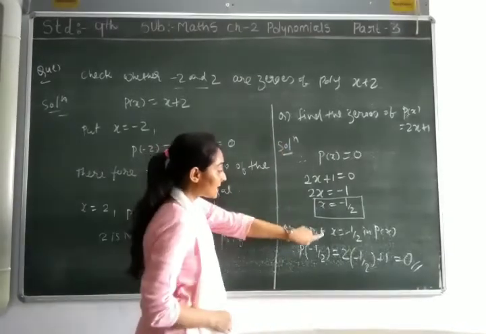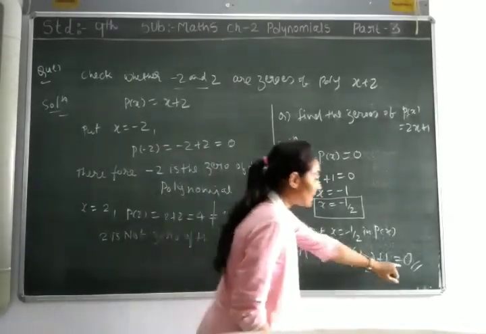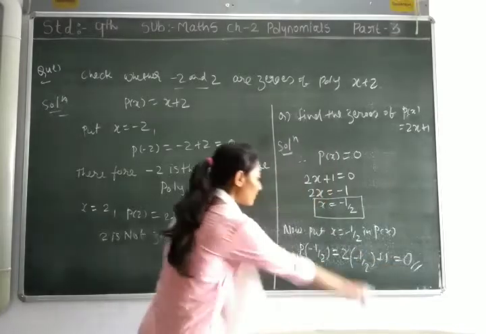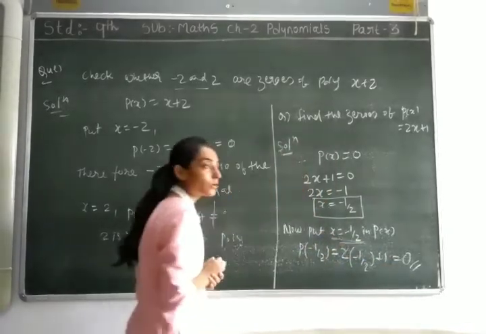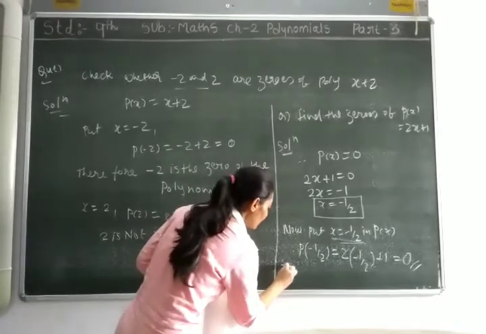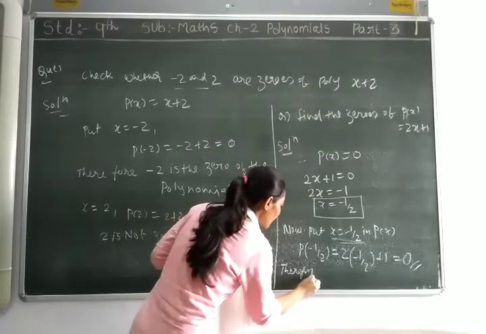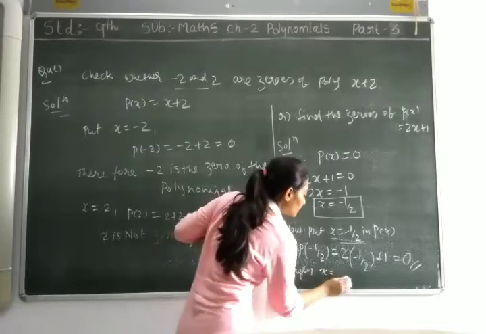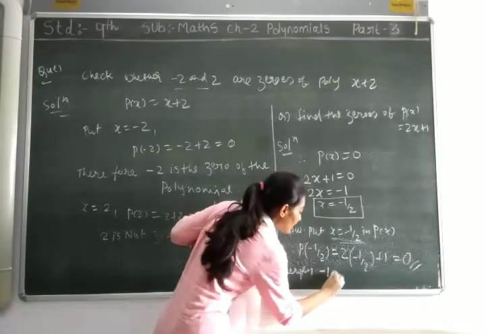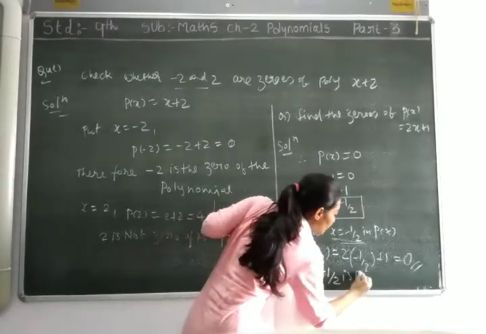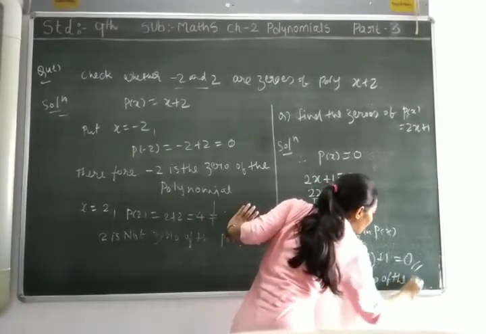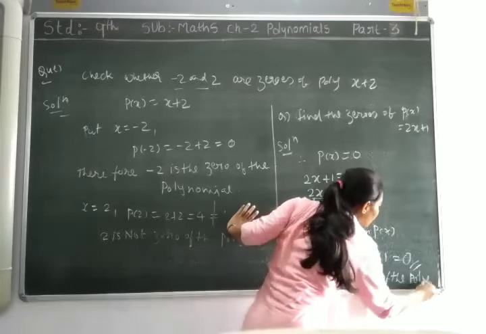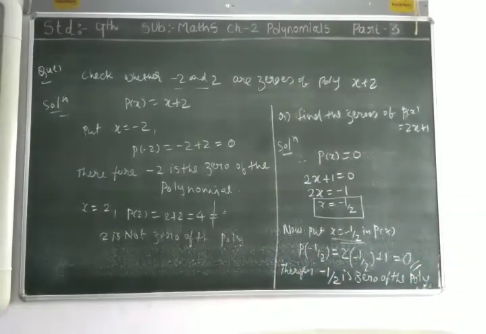So we have seen that whenever we get 0, that value of x is the 0 of that polynomial. Therefore, x equals to -1/2 is the 0 of the polynomial.